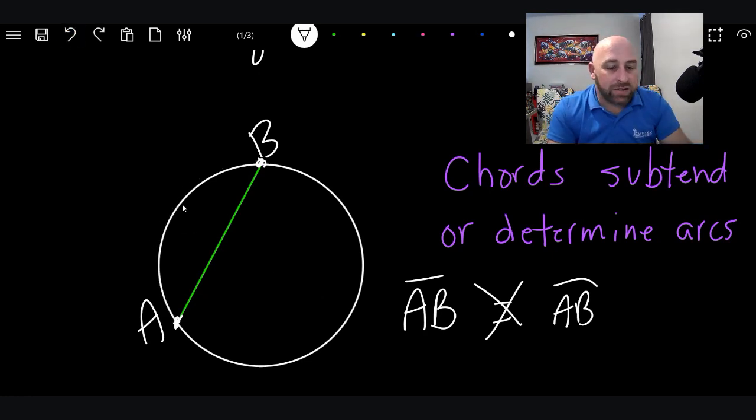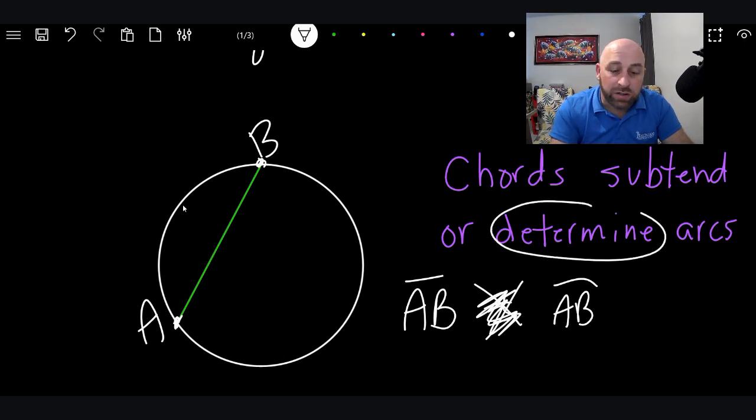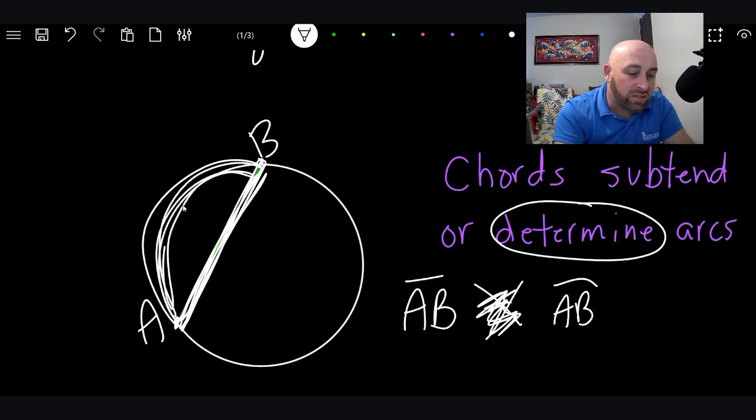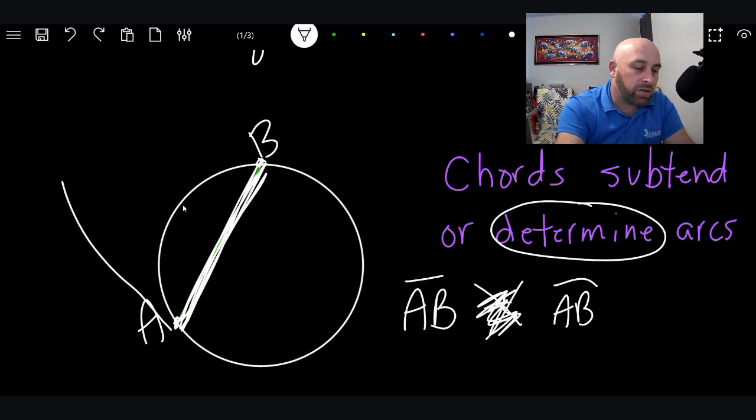So the idea here is that it's not equal. We can't write equal to, but we can write that it subtends or determines. Notice the length of this line determines how long this arc is. Now, you could go in a different direction, way out here and come back, but I'm talking about following the curve of the circle.